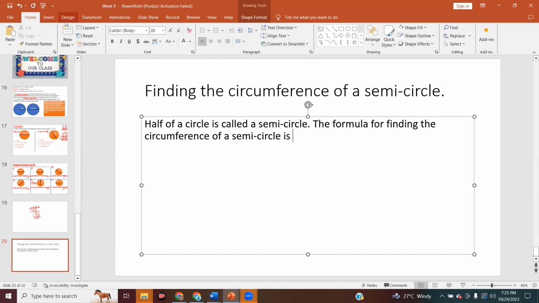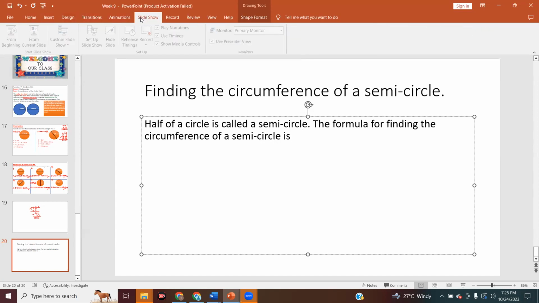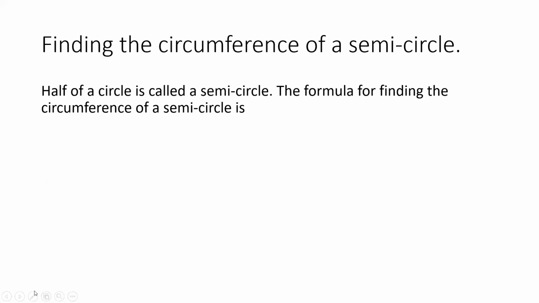It's going to be pi r, because the idea is that if you want the circumference of a full circle, you know it's going to be 2 pi r, right? But if you want the circumference of a semicircle, it's going to be 2 pi r divided by 2.